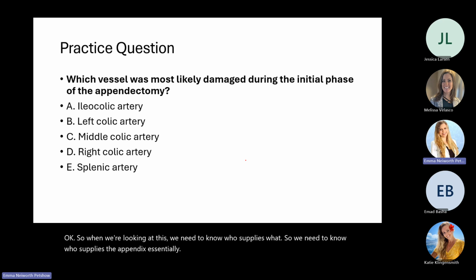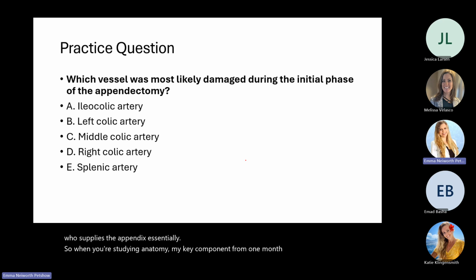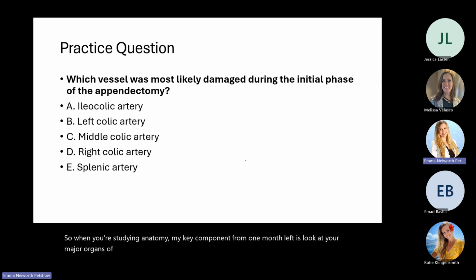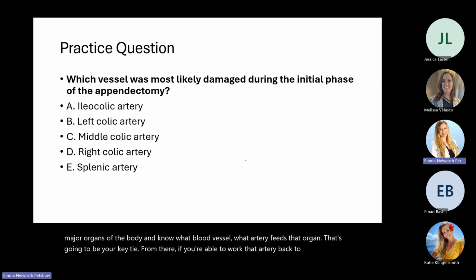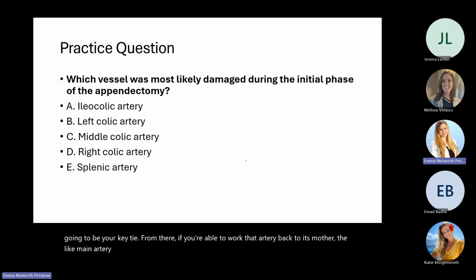So when you're studying anatomy, my key component for 1 month left is look at your major organs of the body and know what blood vessel, what artery feeds that organ. That's going to be your key tie. From there, if you're able to work that artery back to its mother, the main artery it branches off of, whether it's the aorta or the superior mesenteric or inferior, whatever, great if you know who the mother is of that artery.